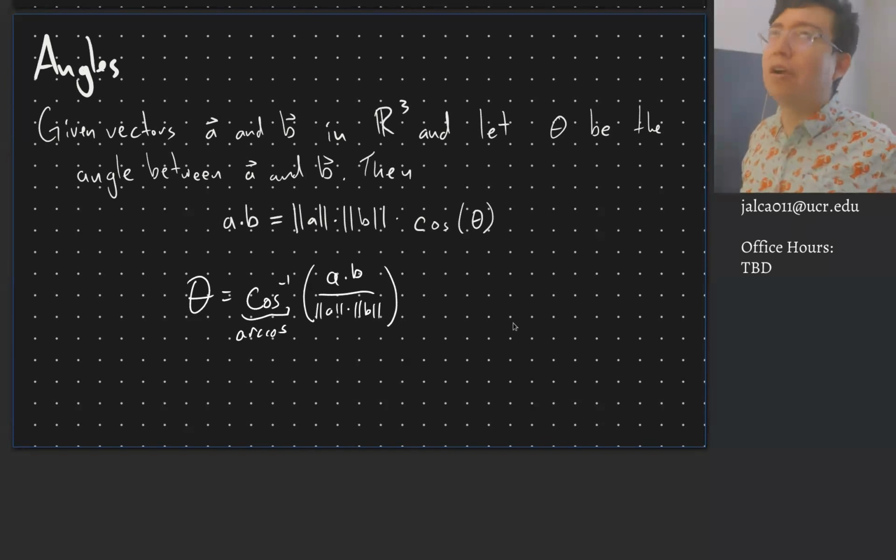Arc cosine will take in any number from -1 to 1, and it'll spit out something between 0 and pi, right? So theta, because it's coming out of an arc cosine function, is always going to be between 0 and pi.